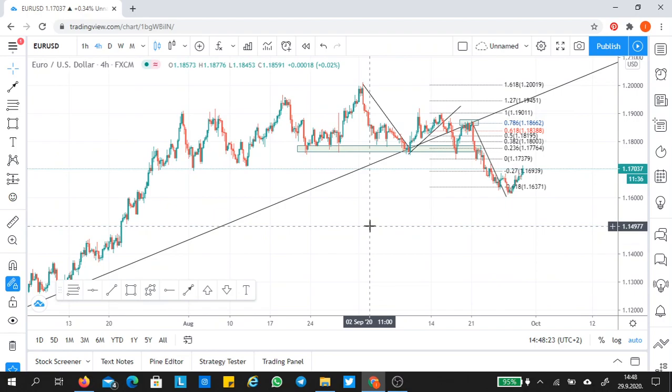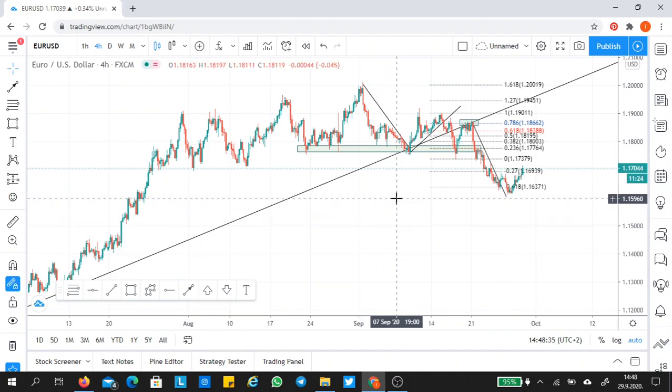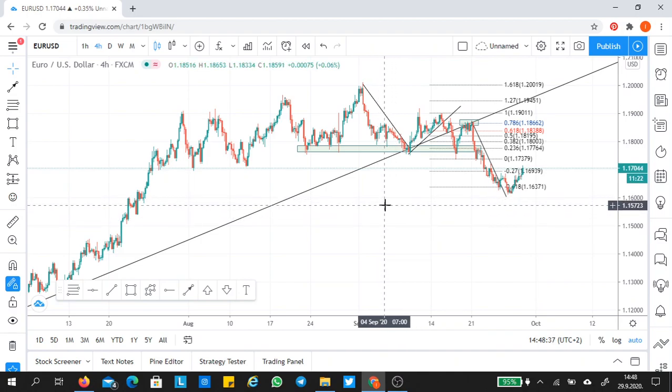So don't look to jump out at the first wave which is not in your favor, and stick to your plan, stick to your profit targets. Of course, protect your capital and move your stop to break even.